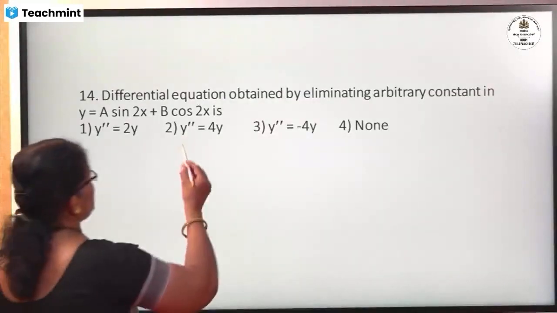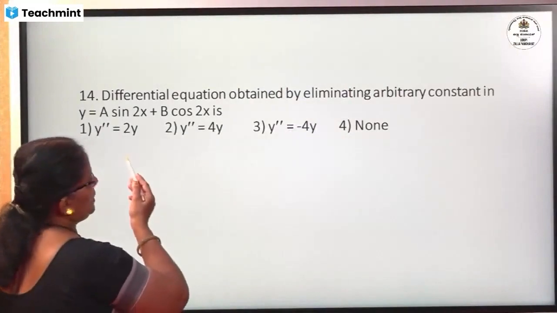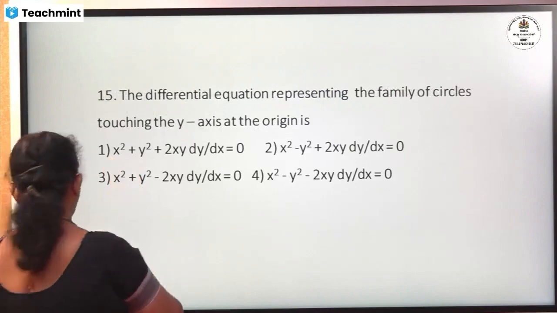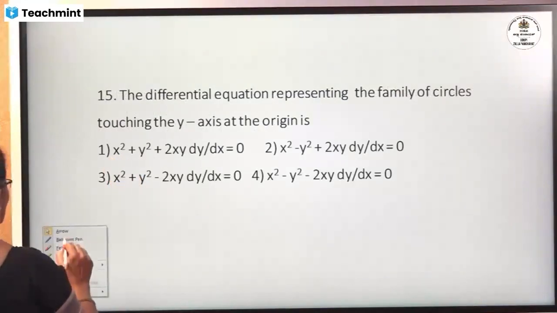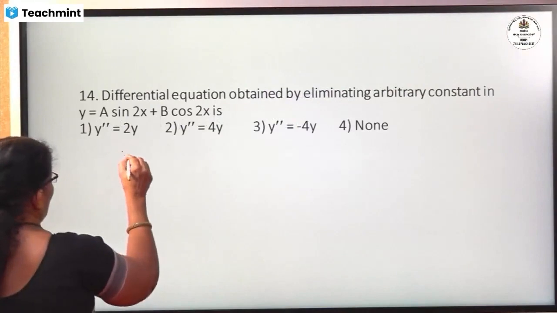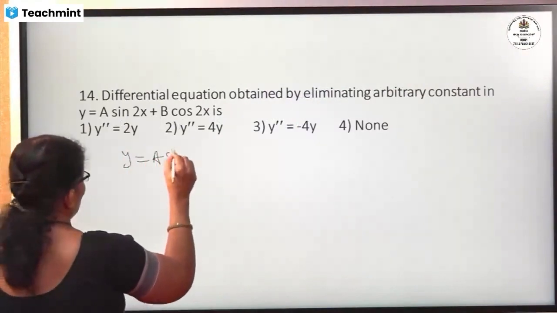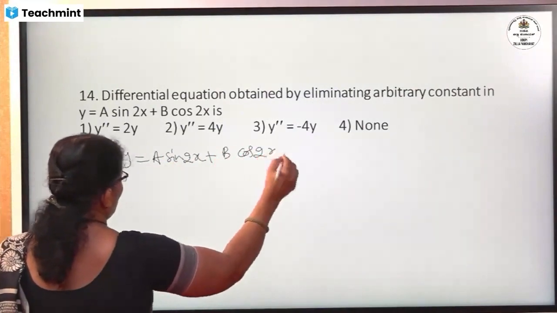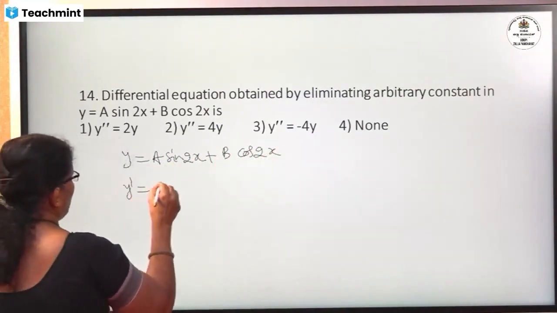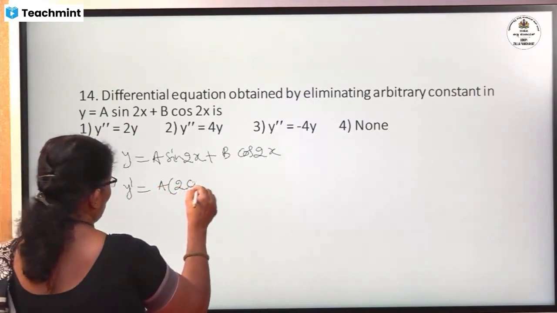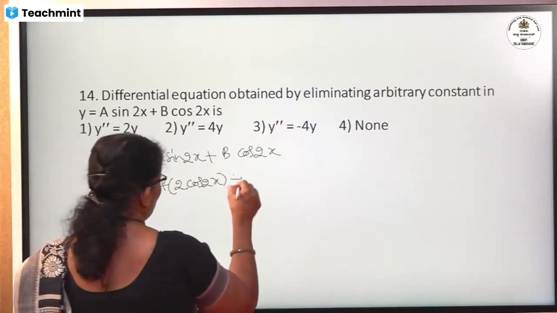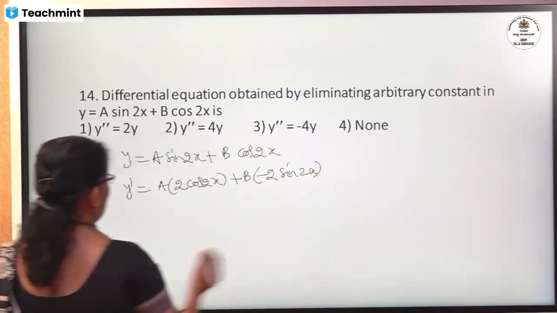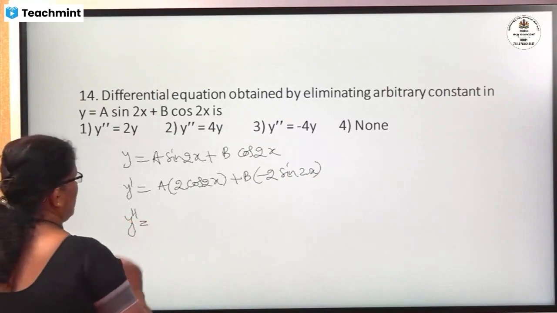Yes, the differential equation obtained by eliminating arbitrary constants in y is equal to a sin 2x plus b cos 2x. So what I have here is y equals a sin 2x plus b cos 2x. Let me differentiate. What will be y dash? A into 2 cos 2x plus b into minus 2 sin 2x. Let me get the second order derivative.